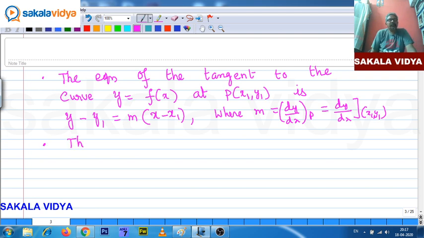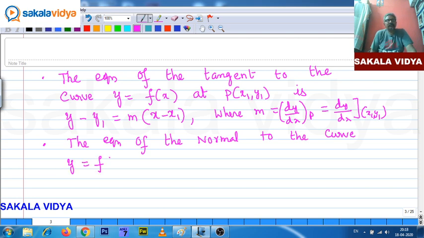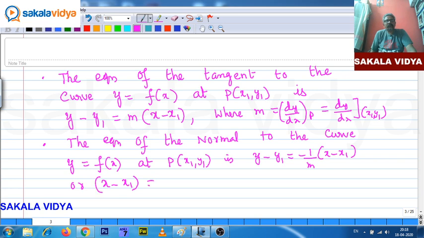Point, the equation of the normal to the curve y is equal to f of x at P (x1, y1) is y minus y1 is equal to minus 1 by m into x minus x1, or x minus x1 is equal to minus m times y minus y1.